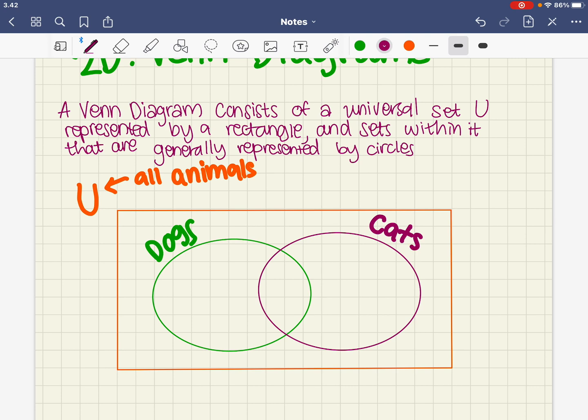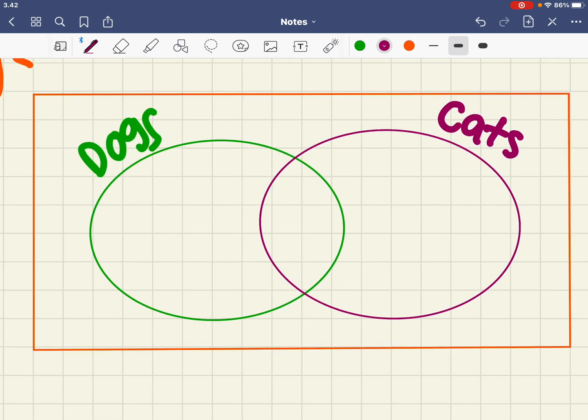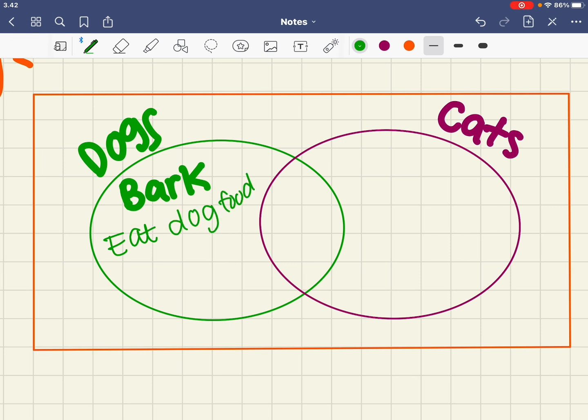Okay, so dogs, the characteristics, they bark, and then they eat bones. Okay, not bones. Let's say eat dog food. Dog food and cat food are different, right? So they bark, they eat dog food.